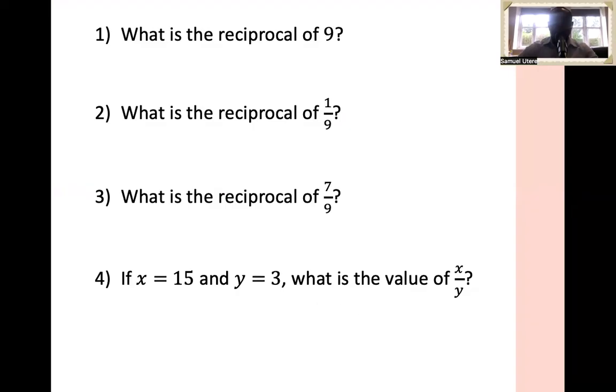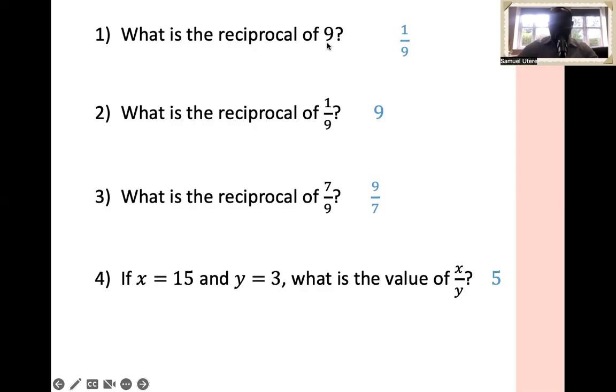Assuming you've paused the video and answered the retrieval practice questions to get you ready for learning, here are the answers. What is the reciprocal of 9? By now, I'm sure you know how to write the reciprocal. 9 is the same thing as 9 over 1, because 9 over 1 is also 9, if you recall from our previous lesson.